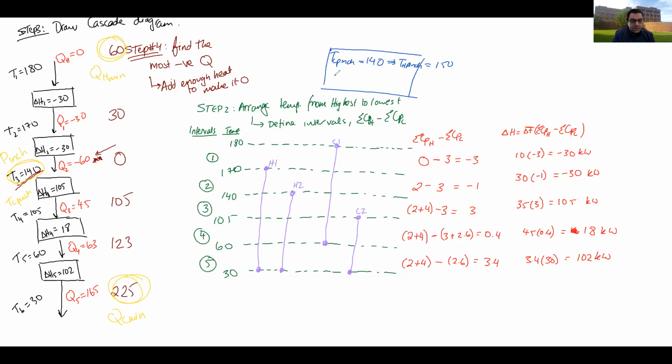I have my QH minimum is equal to 60 kilowatts, and of course these are degrees Celsius. And I also have my QC minimum equals 225 kilowatts, right? So I have this information right here.